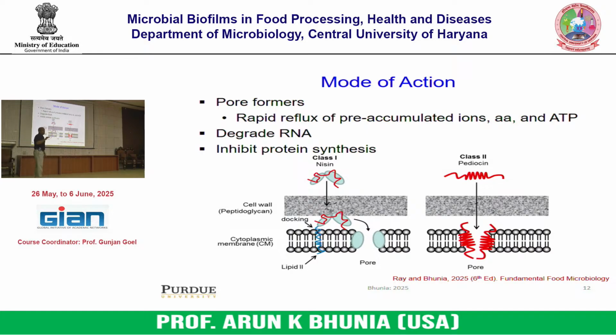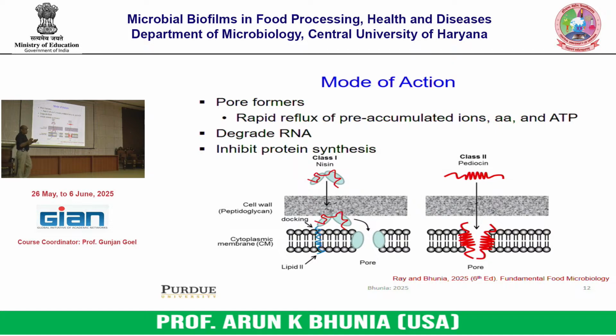Anyway, so how does it work? As I mentioned, many of them are actually pore formers. If you look at class 1, like nisin, they will bind, go through the peptidoglycan layer, and then interact with the cell membrane, and ultimately form a pore. The pore formation is basically very similar in class 1 and class 2. You can see that they integrate and then form the pore.